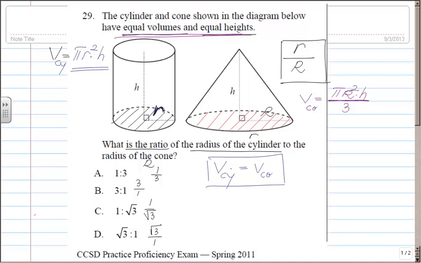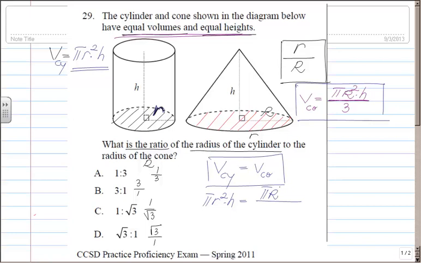Well, the next step is to substitute, instead of the volume of the cylinder, the formula that we just found, right? So it will be pi lowercase r squared times height, and that should equal the volume of your cone, which is here. What is the volume of the cone?